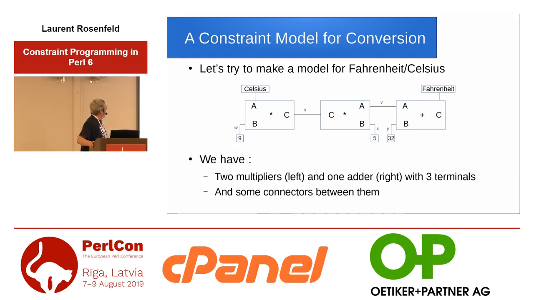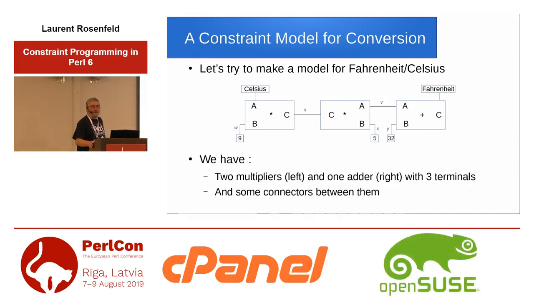So if we start with the Celsius temperature on the left, and we have a constant at the bottom left, then we can multiply A and B to get C. And C is propagated to the other multiplier. And C now has a value. And if A or B has a value, then we can calculate the other one. And since B is a constant, it has a value, so we can calculate A.